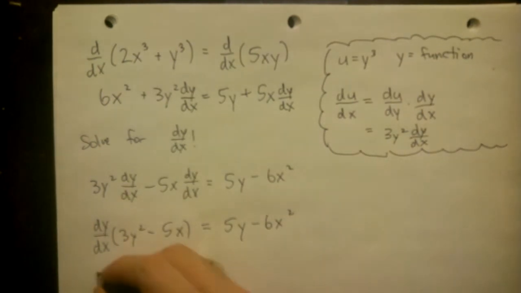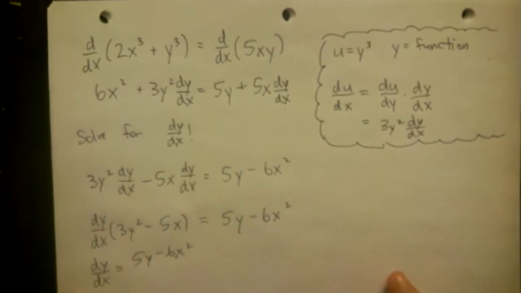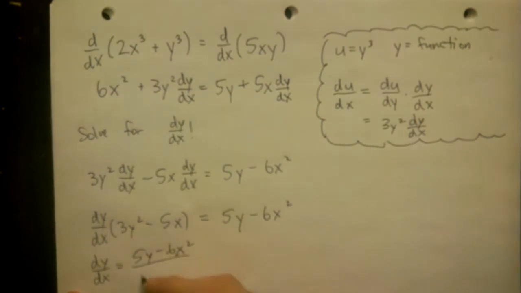And divide. And so now we have a formula for the derivative at a point on the curve that was given before.